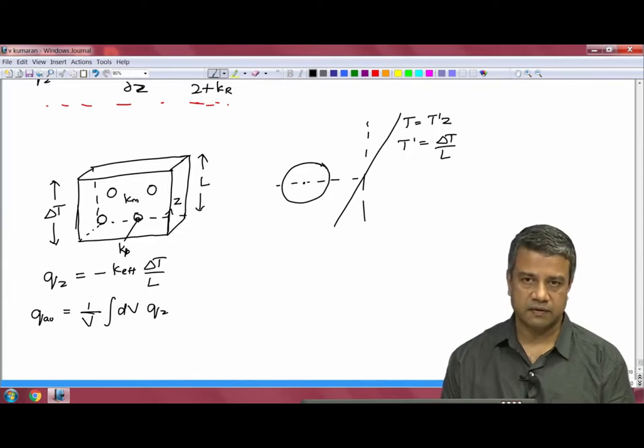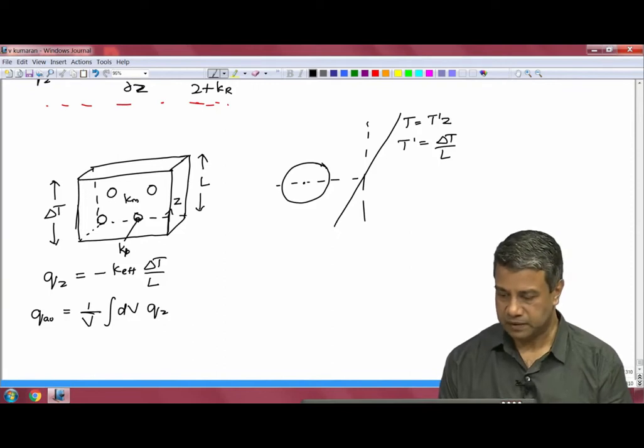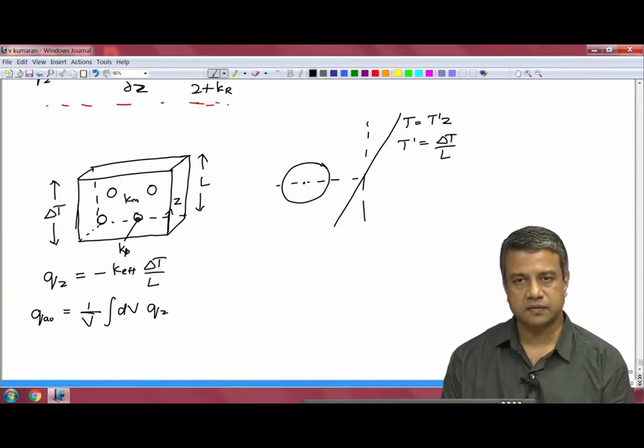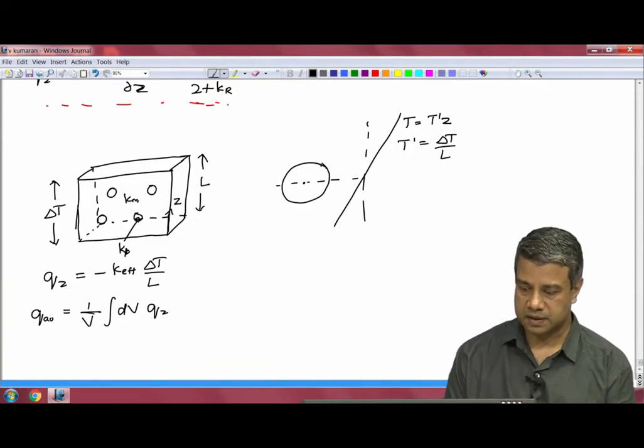This is the volume average, which will give you the total rate of transport of energy per unit area perpendicular to the direction of the heat flux. And this consists of two components: one is the heat flux through the matrix, and the other is the heat flux through the particles.